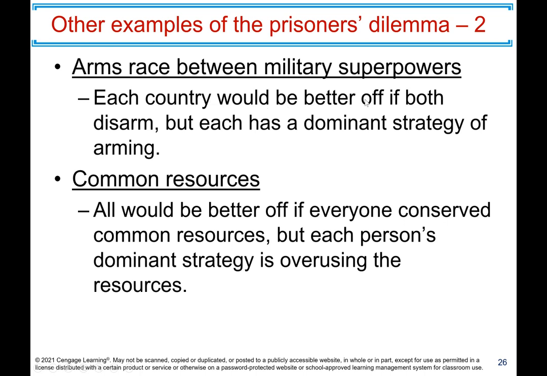Each country would be better off if both disarm, but each has a dominant strategy of arming. Common resources. All would be better off if everyone conserved common resources, but each person's dominant strategy is overusing the resources.